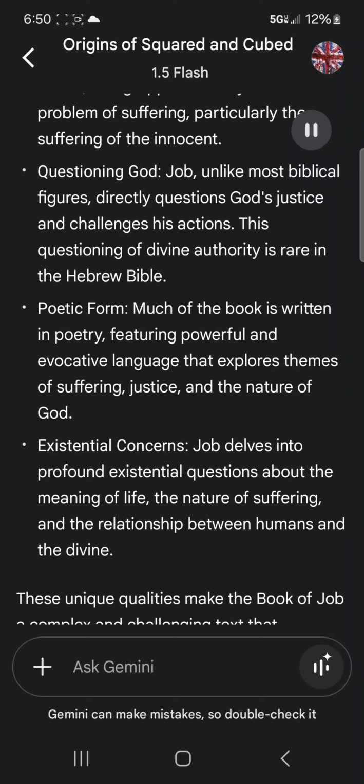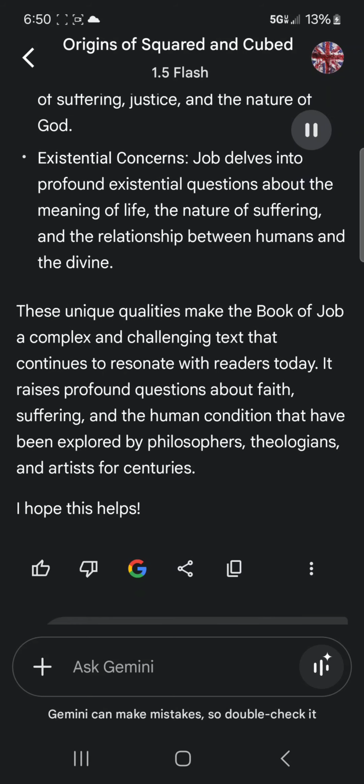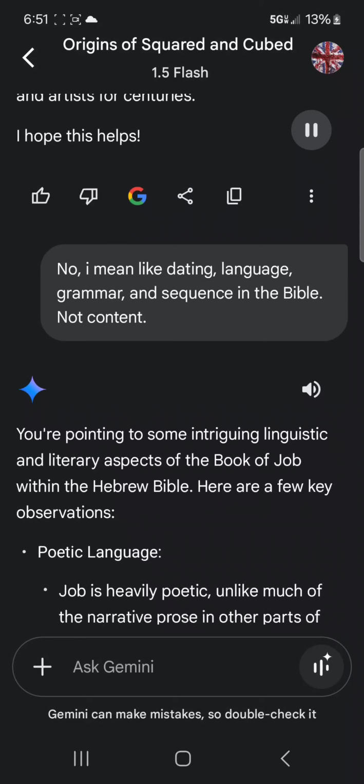Much of the book is written in poetry, featuring powerful and evocative language that explores themes of suffering, justice, and the nature of God. Existential concerns. Job delves into profound existential questions about the meaning of life, the nature of suffering, and the relationship between humans and the divine. These unique qualities make the book of Job a complex and challenging text that continues to resonate with readers today. It raises profound questions about faith, suffering, and the human condition that have been explored by philosophers, theologians, and artists for centuries. I hope this helps.